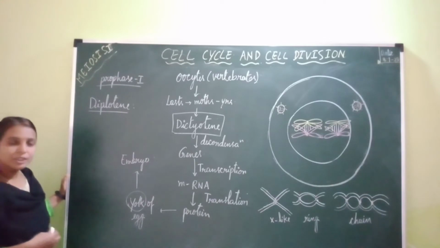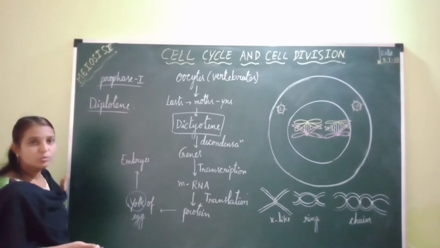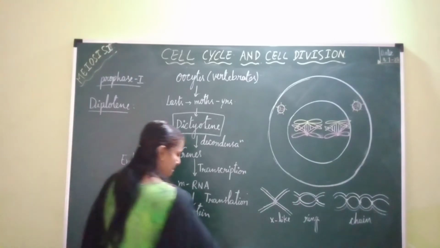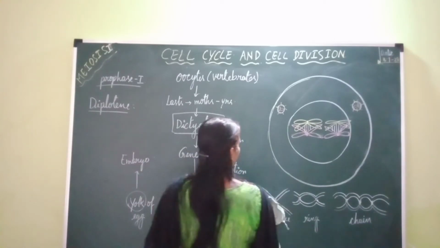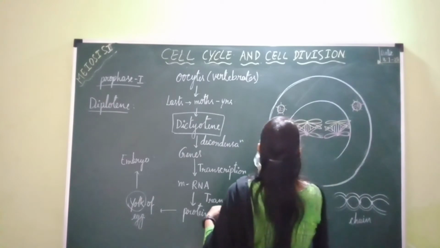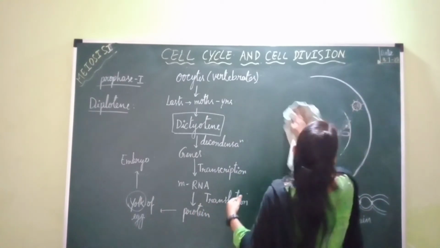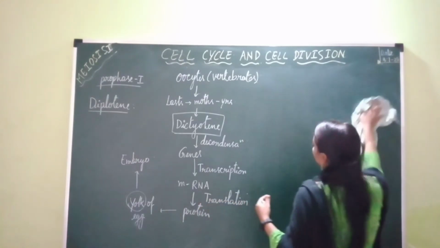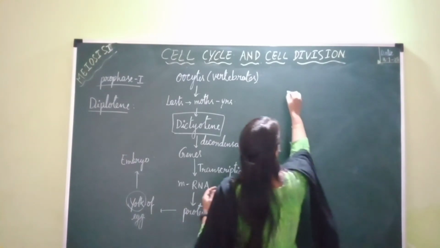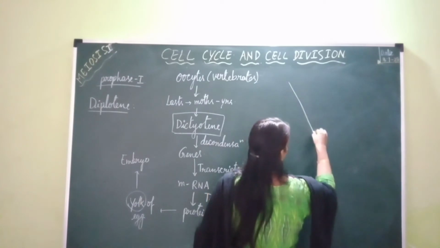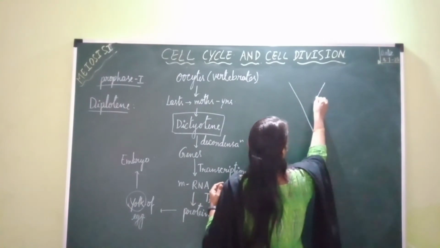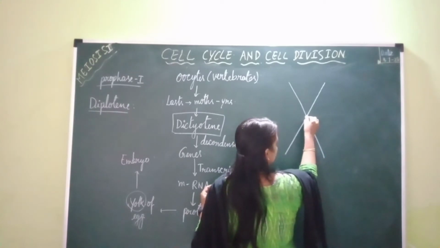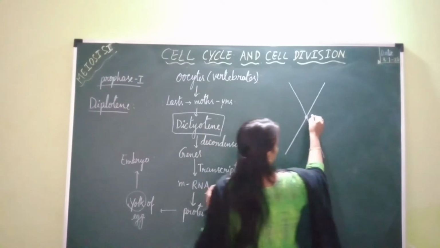Now let's see the condition of homologous pairs of chromosomes which are under this Dictyotene stage. This is a pair of homologous chromosomes. This is one chromosome and this is another chromosome. Both of these chromosomes are homologous to each other and this is the point of chiasmata.